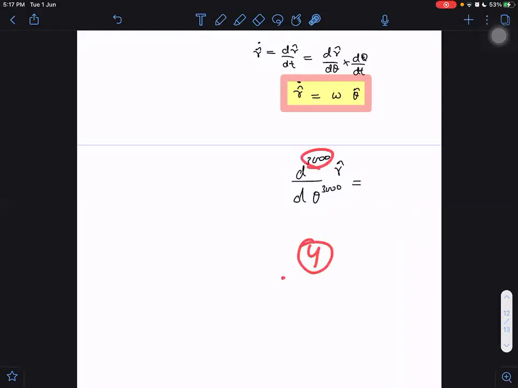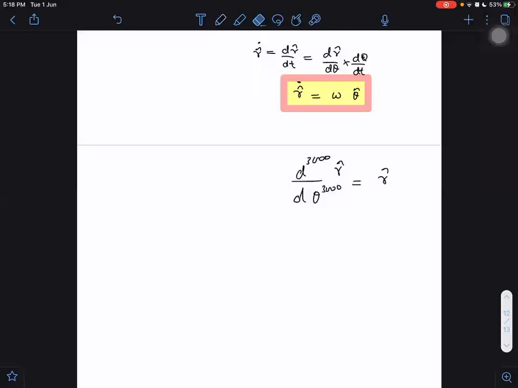So let us divide 3000 by 4. 4 7s are 28, then I get 20, 4 5s are 20, then I get 750. It is completely divisible by 4, which means this vector will finally reach back to r cap.